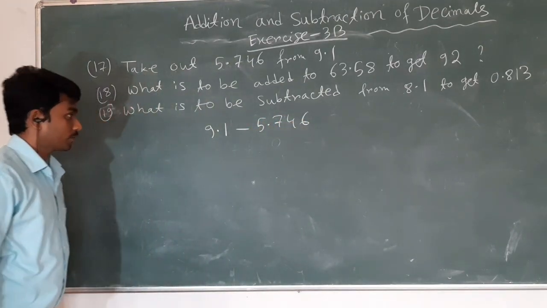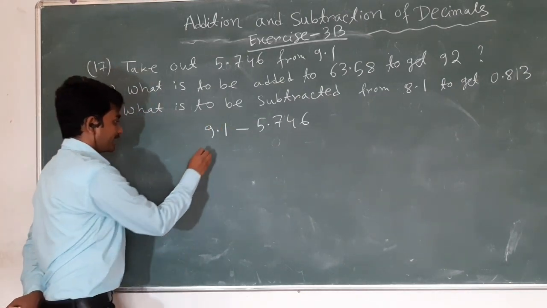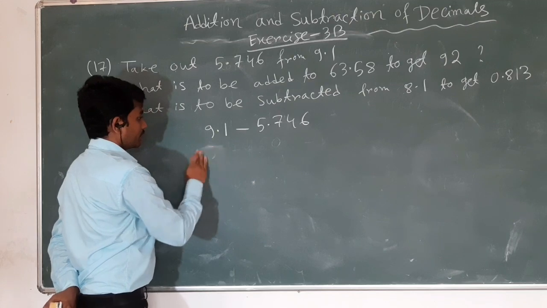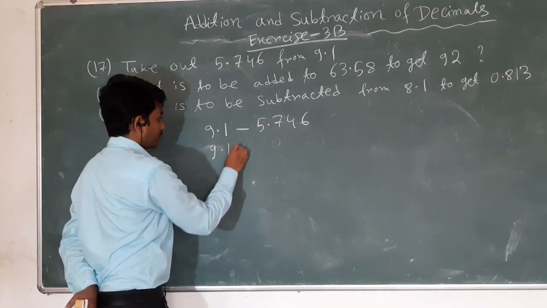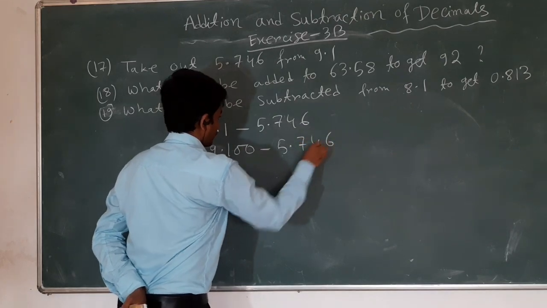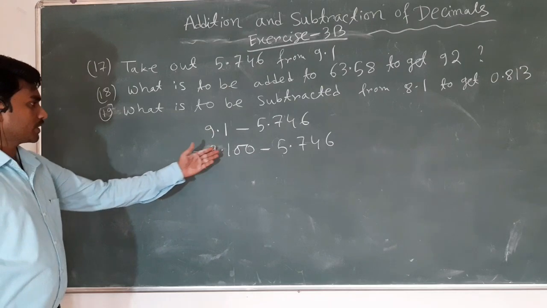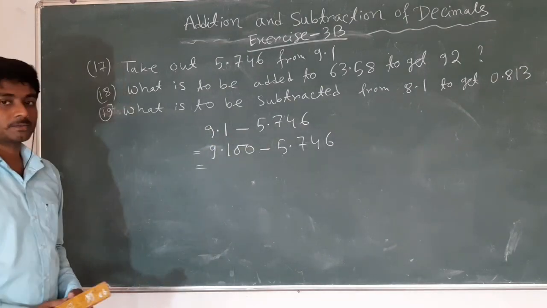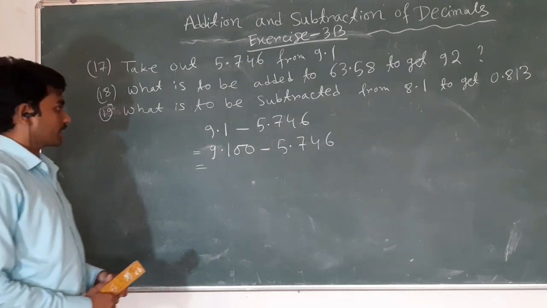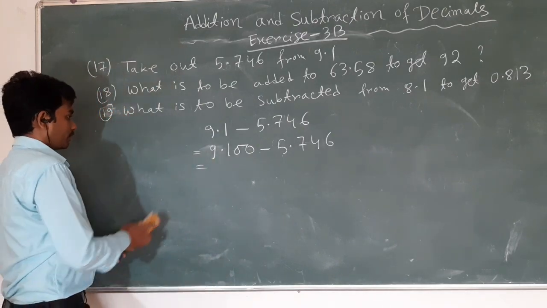So first we convert each of the given decimals into like decimals, that is 9.100 minus 5.746. Then you can subtract these two decimals and you get the required result.